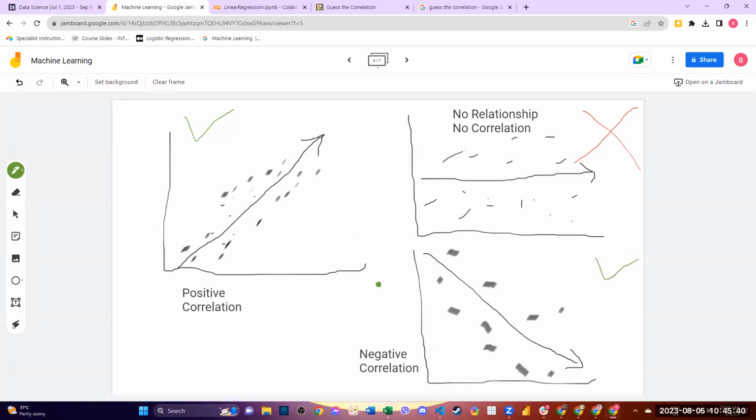So the prediction is an absolute value. Therefore, even if it is positive or negative, we can still predict. So the prediction is always absolute. Any questions for this one?